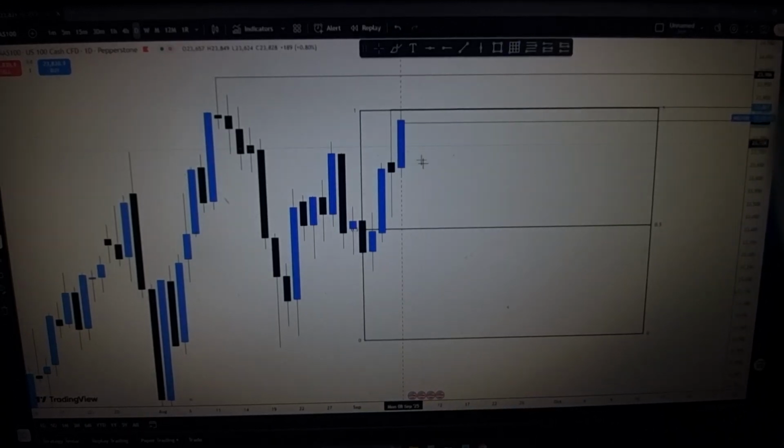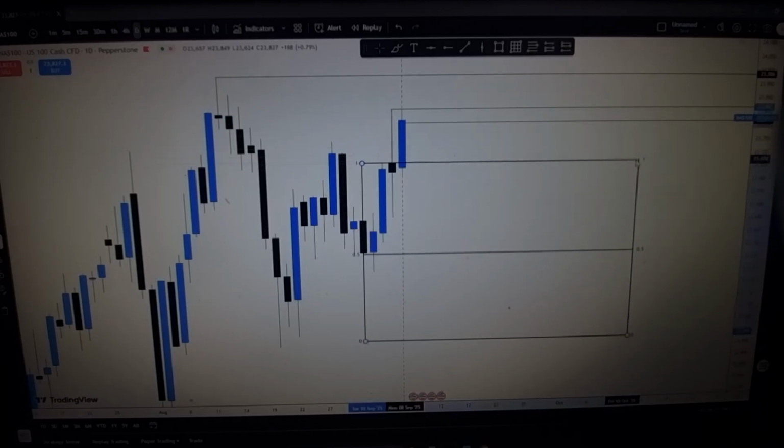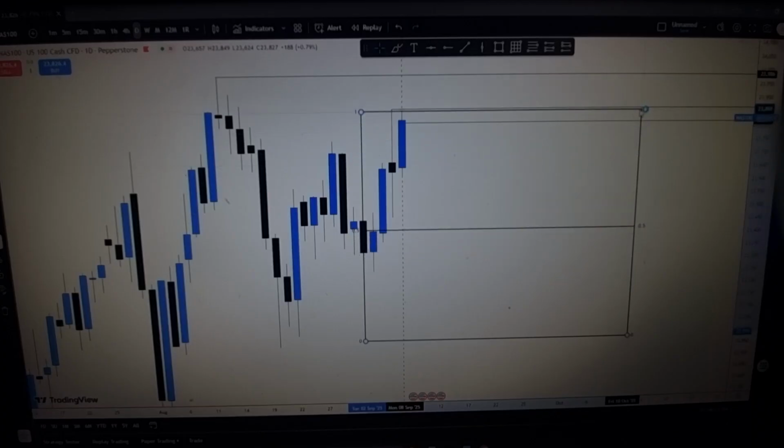If this closes bullish, well, it's already a high, so yeah, so equilibrium on the daily.